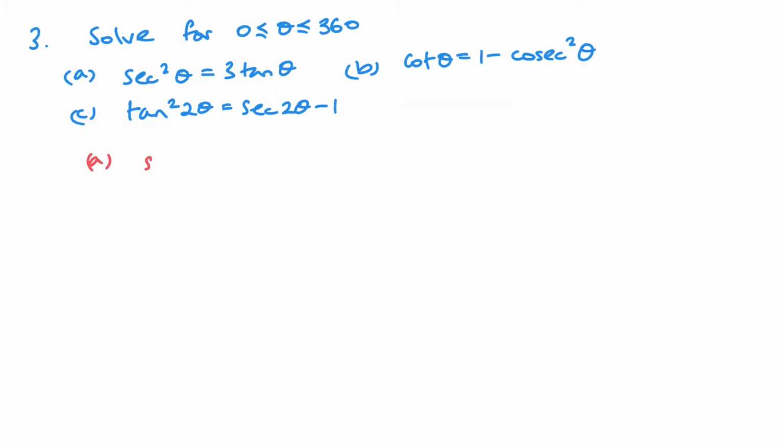Okay, part A, sec squared theta equals 3 tan theta. I always want to change the term that is squared, and I want to have it match up with the term that is not squared. So in this case, sec squared is equal to 1 plus tan squared.